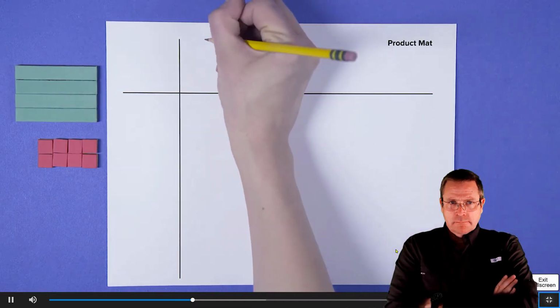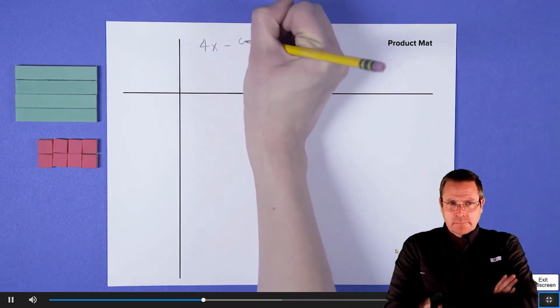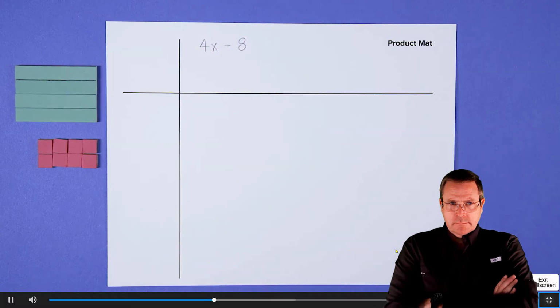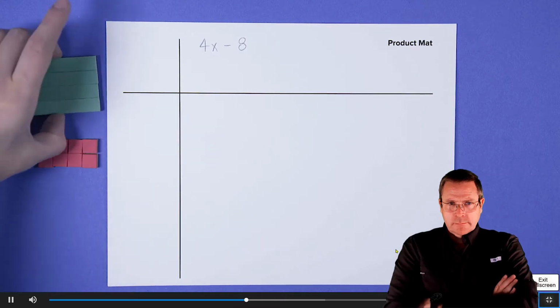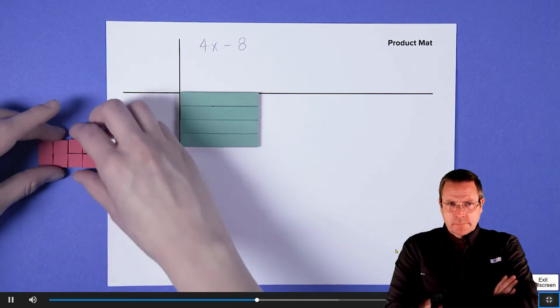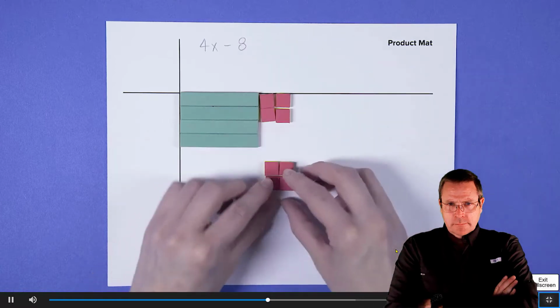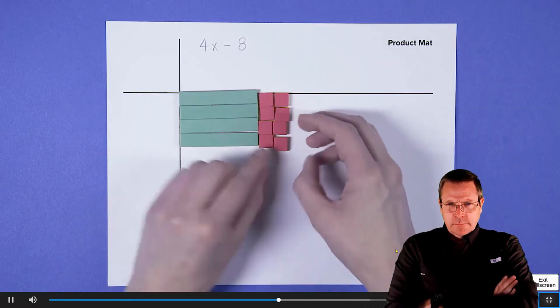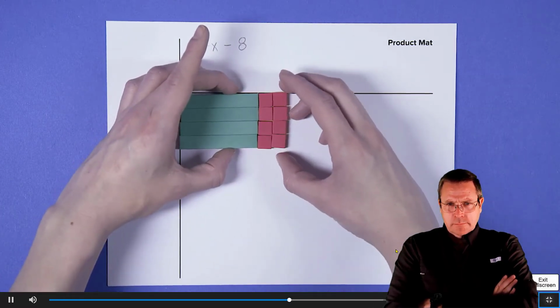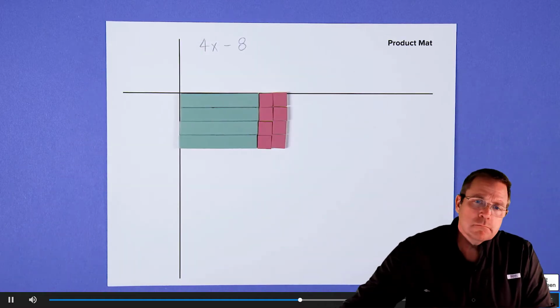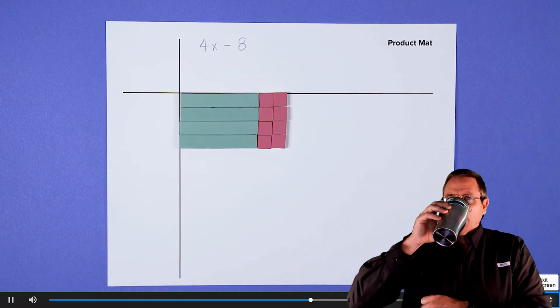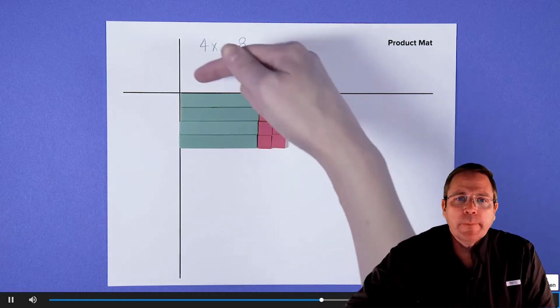Use algebra tiles to factor 4x minus 8. To factor a linear expression, find the product of its factors. Place 4 x tiles and 8 negative 1 tiles on the mat. Arrange the tiles into a rectangle with equal rows and columns. The total area of the tiles represents the product, 4x minus 8.